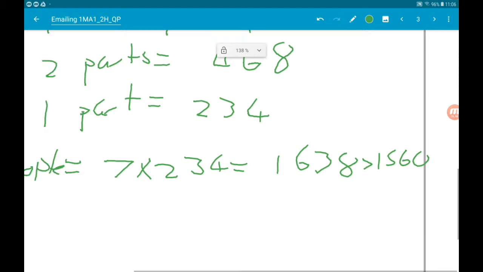So the answer is yes. More than 60% of the seats were filled.